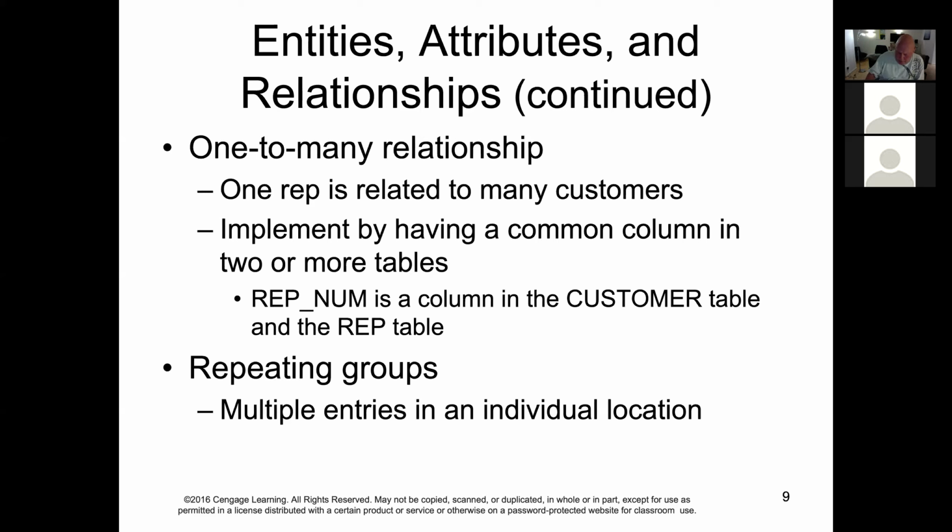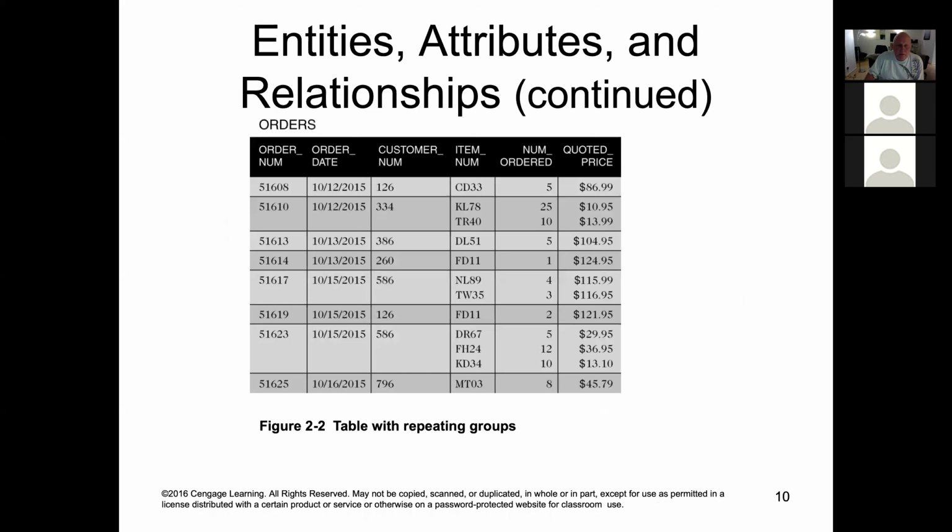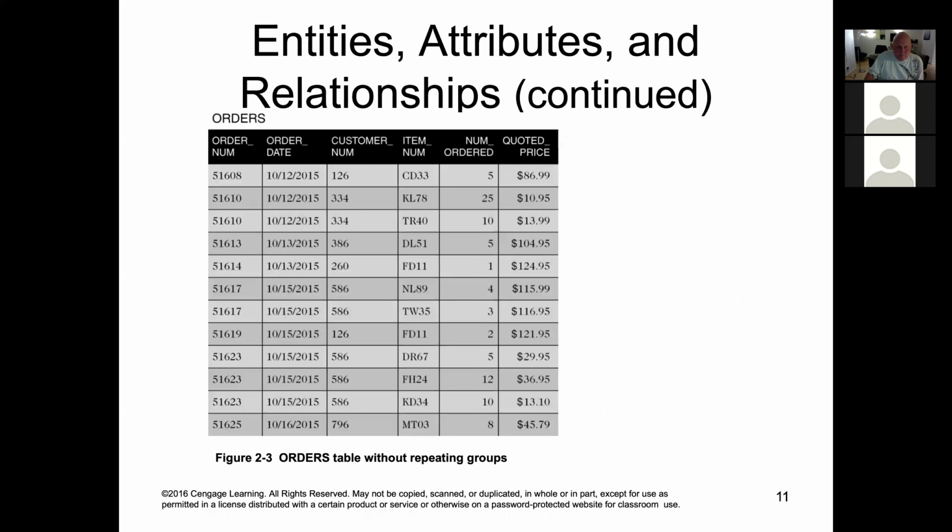You have repeating groups. As you can see in this example of the orders, this is the table with the repeating groups. And this is the orders table without repeating groups.